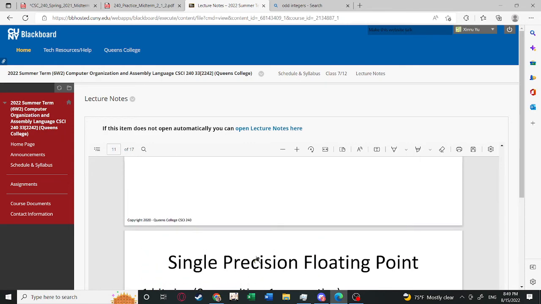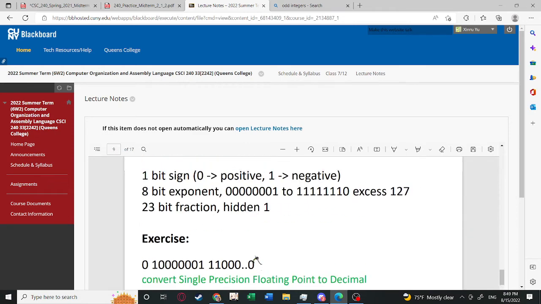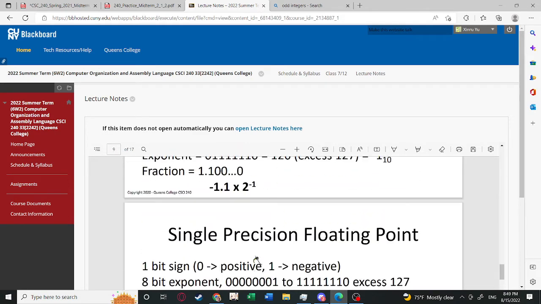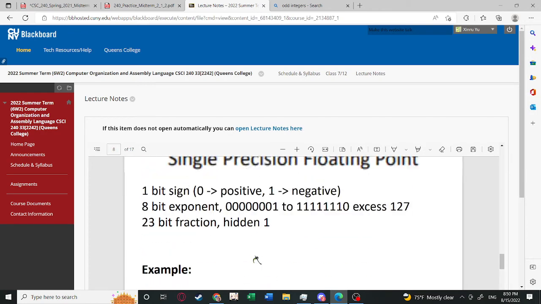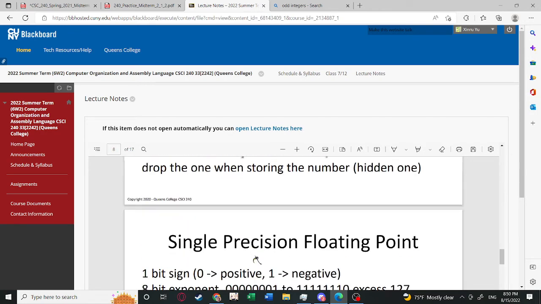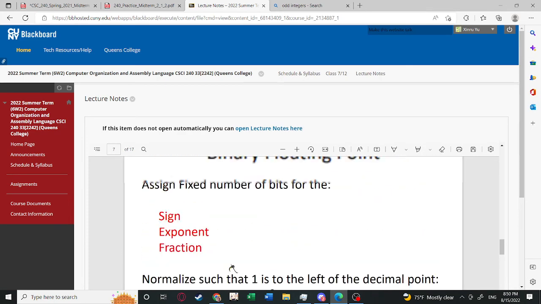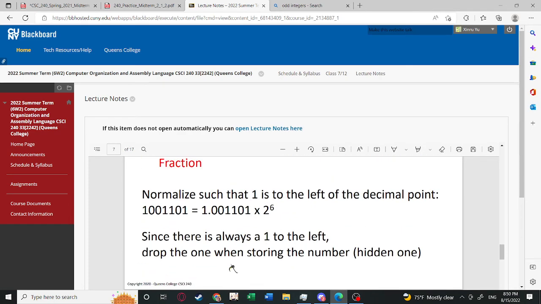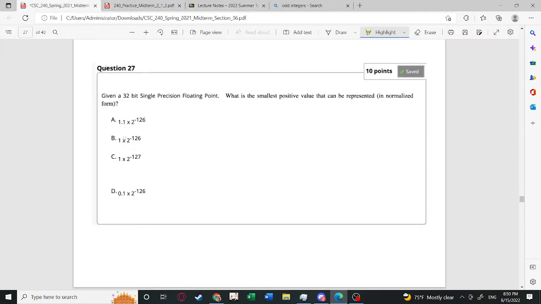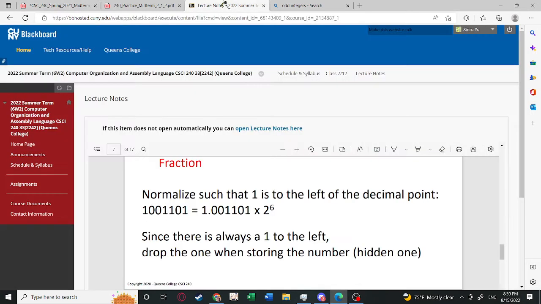Let's see, where is it? Yeah, it says 127. No, this is an example. Unless according to last time.